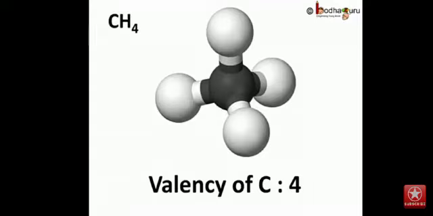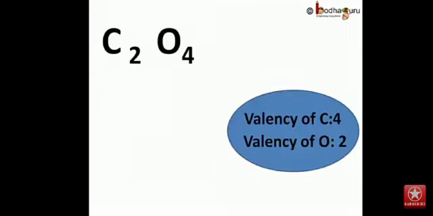Now, carbon and oxygen combine to produce carbon dioxide. How many oxygen and carbon atoms will be there in each molecule? Let's write carbon and oxygen symbols side by side. Now, we write the valency of oxygen, which is 2, after carbon, and the valency of carbon, which is 4, after oxygen.